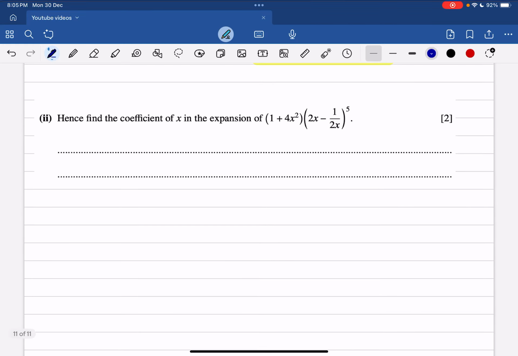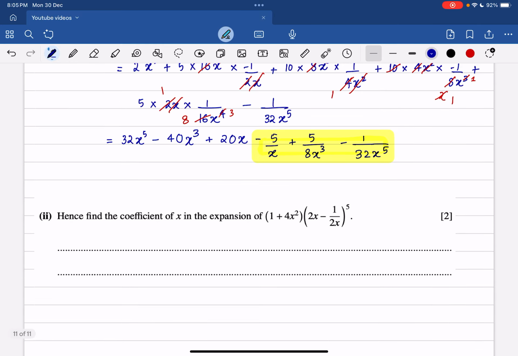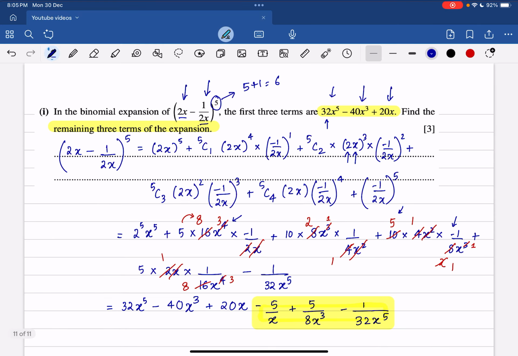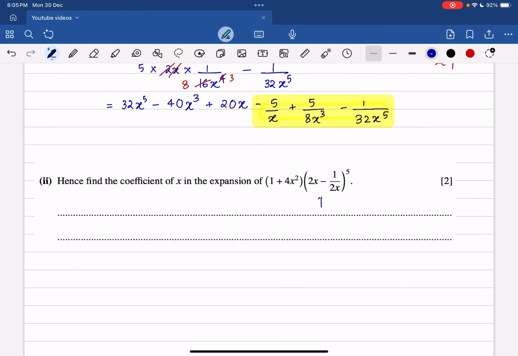Cool. Moving on. Hence find the coefficient of x in the expansion of the given expression. This expansion we have already done. We just have to multiply it with this one. So I'm going to write it as 1 plus 4x squared multiplied with 2x minus 1 by 2x the whole raised to 5.